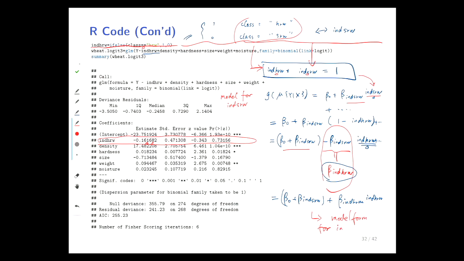That means from the interpretation, the coefficient before the variable IND HRW can be called beta IND HRW. If you compare these two, you will find that the coefficient of IND HRW is exactly equal to the negative of the coefficient of IND SRW.